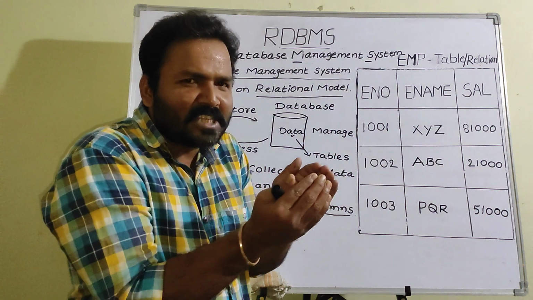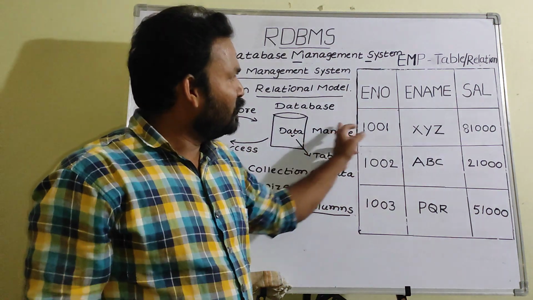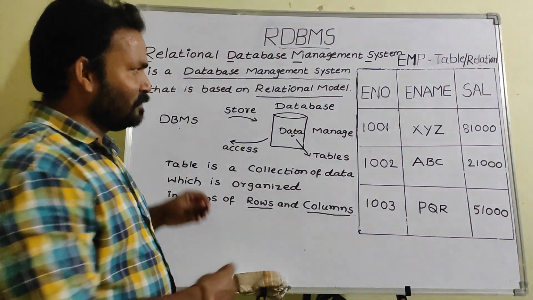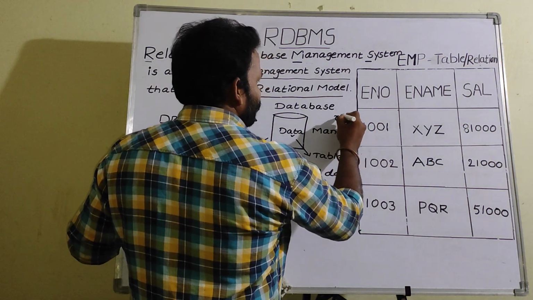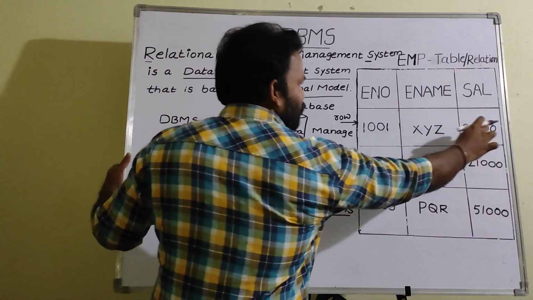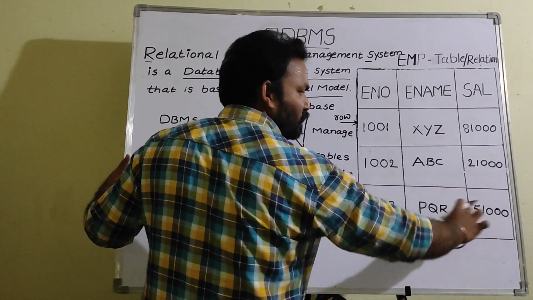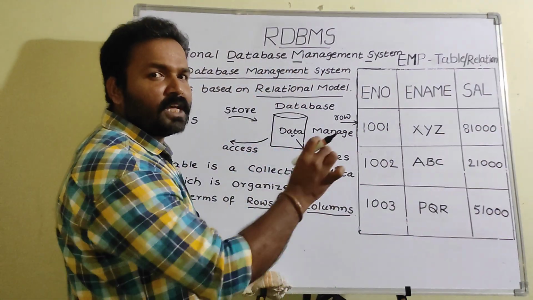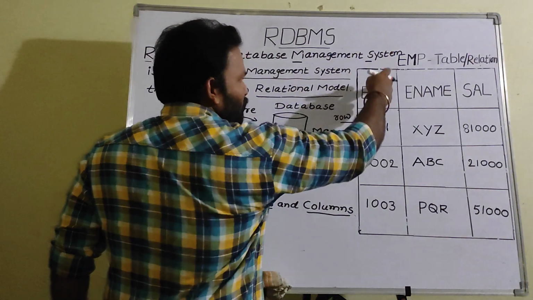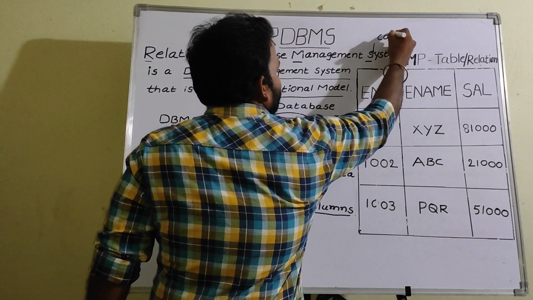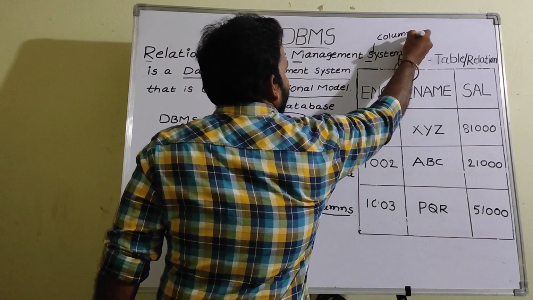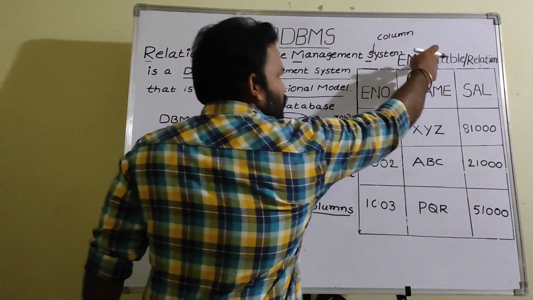Yes, so this is a row. Okay, first row, second row, third row, all these are what? Rows. Next, column.